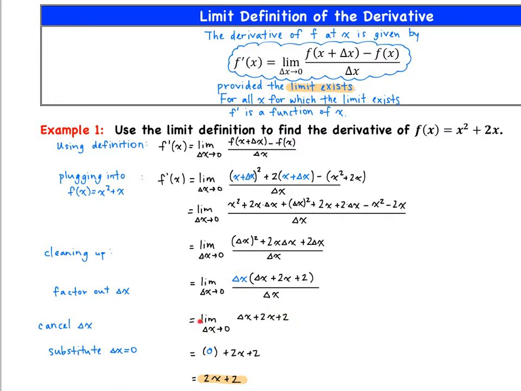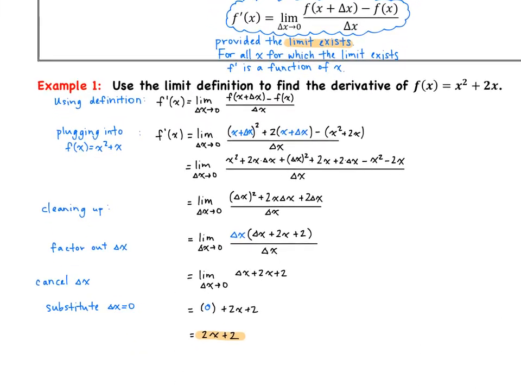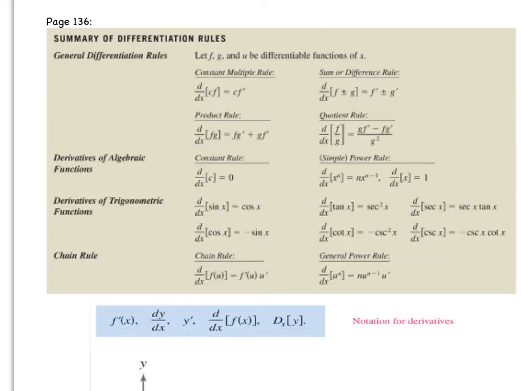Okay, so now that we're down to this step, we can go ahead and substitute directly delta x equaling 0. All right, so now when we substitute, 0 goes in for delta x, and we clean it up, and we get our derivative. So f prime of x is really equal to 2x plus 2.